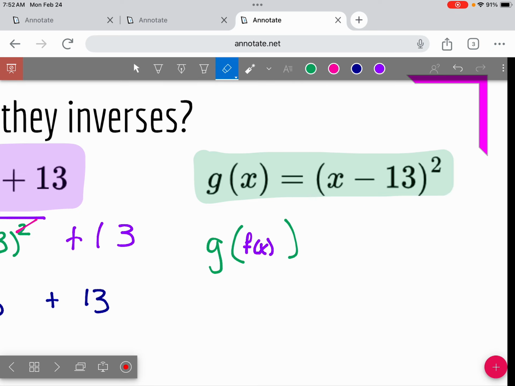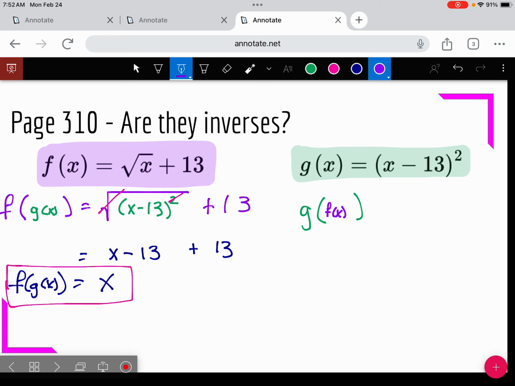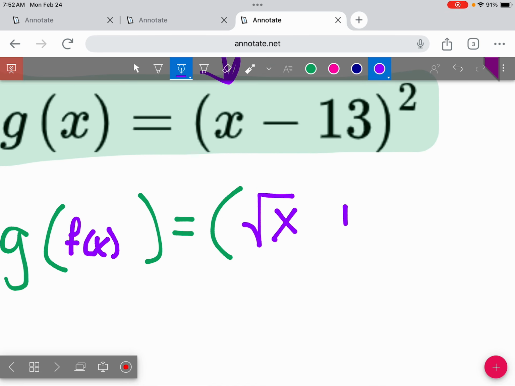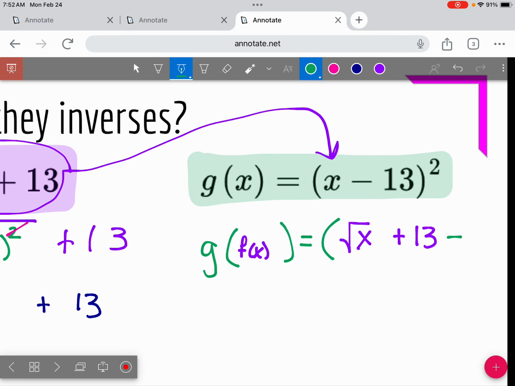Now we're just going to take our f of x, this whole thing, and put it in place of the x. I set it up. It looks so weird. Square root of x plus 13 minus 13 squared.